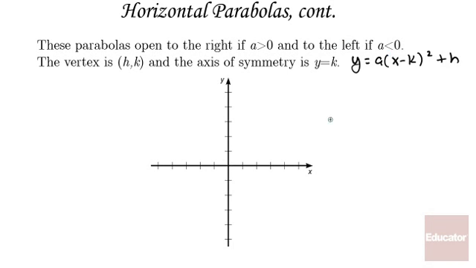So let's look at a very simple horizontal parabola. x equals y squared. The vertex is at (h, k), and I can see that h and k are both zero, so the vertex equals (0, 0). The axis of symmetry is at y equals k, so that's going to be at y equals 0. And the a here is 1. a equals 1, so this opens to the right.